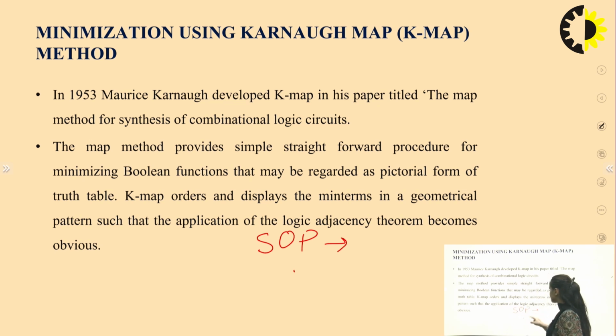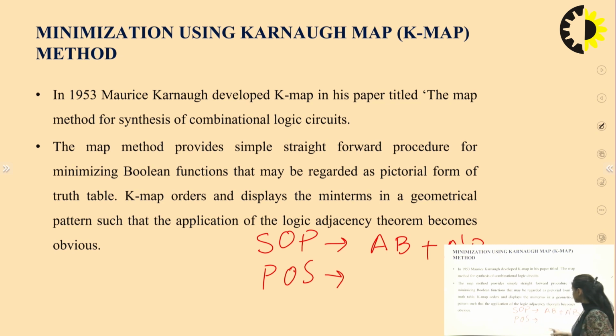Let's suppose I take a two variable expression with variables A and B. Sum of products. This is how we may represent an SOP expression. If I would be representing it in POS, product of sums form, then I will be writing it differently.